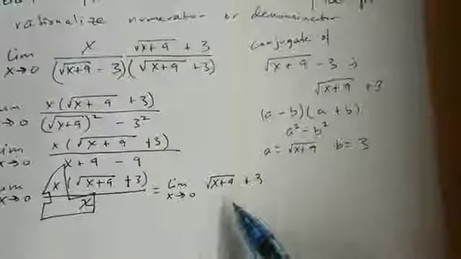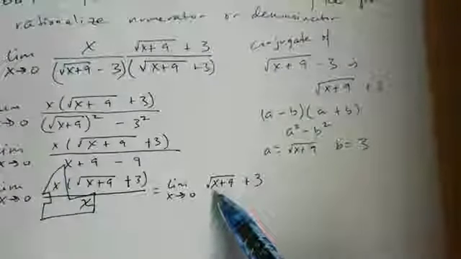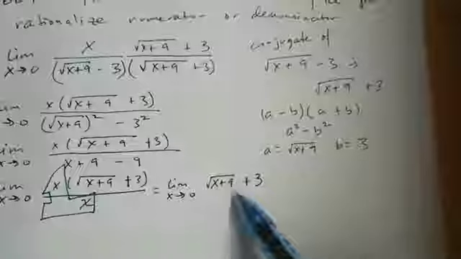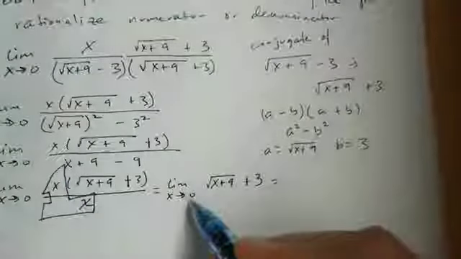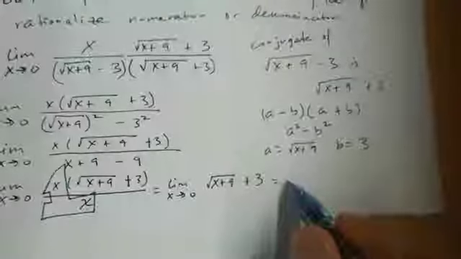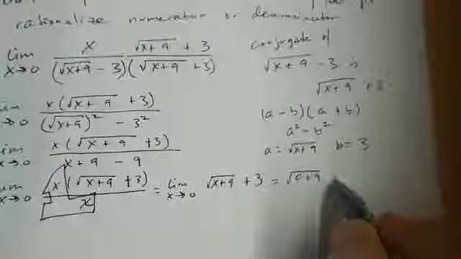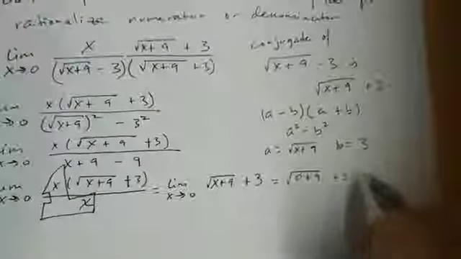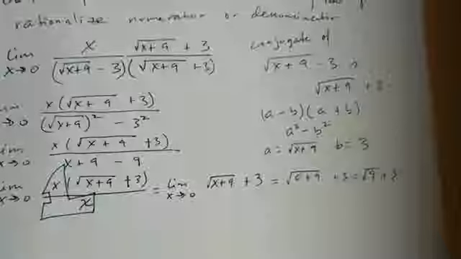But notice that when we use direct substitution, 0 can go into our square root function, and we will not get an undefined value back. So we'll put 0 in here for x. This becomes the square root of 0 plus 9, plus 3, which becomes the square root of 9 plus 3.